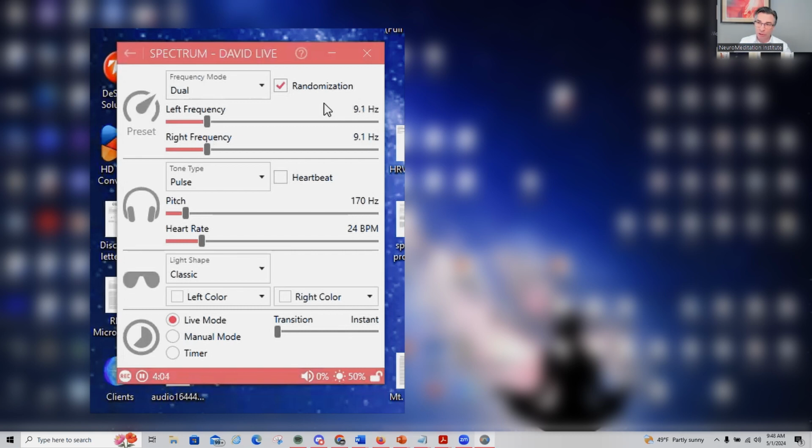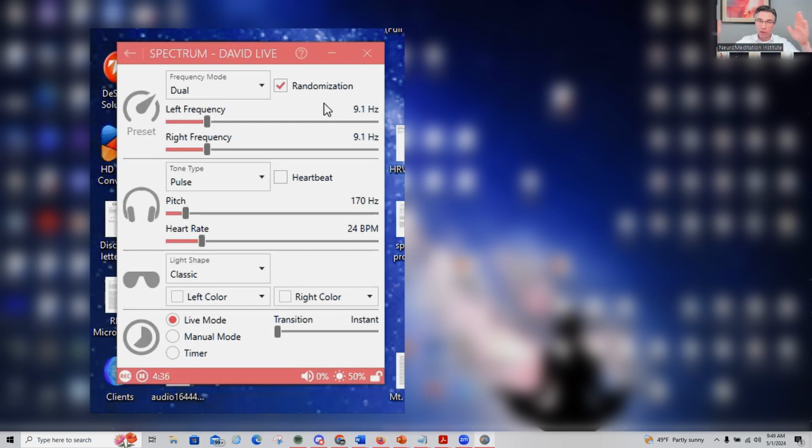What the randomization does is it shifts the frequency that it's using within 1 hertz either way of the target. What does that mean? Okay, in this case, 9.1 is the target frequency. So if I have randomization on, sometimes it's going to be at 8.1, sometimes it's going to be at 10.1, and sometimes it's going to be at 9.1.